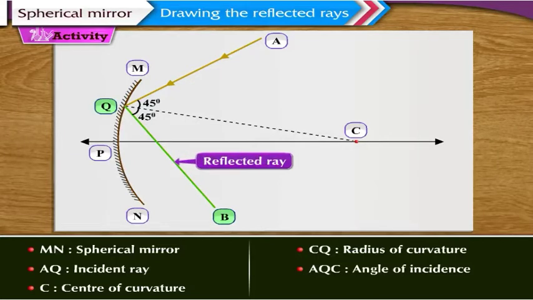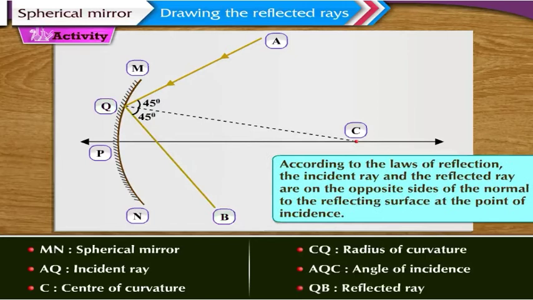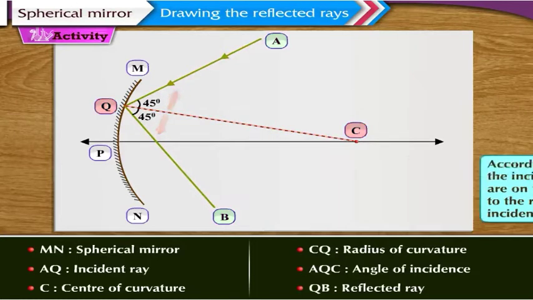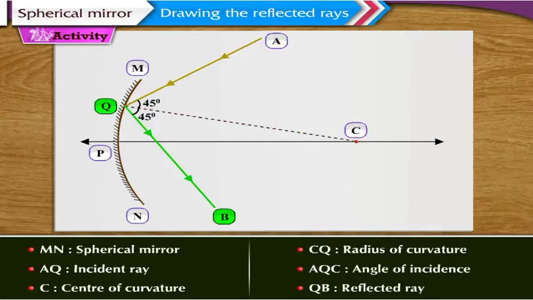This is the reflected ray. According to the laws of reflection, the incident ray and the reflected ray are on the opposite sides of the normal to the reflecting surface at the point of incidence. Thus, ray QB will have this direction.